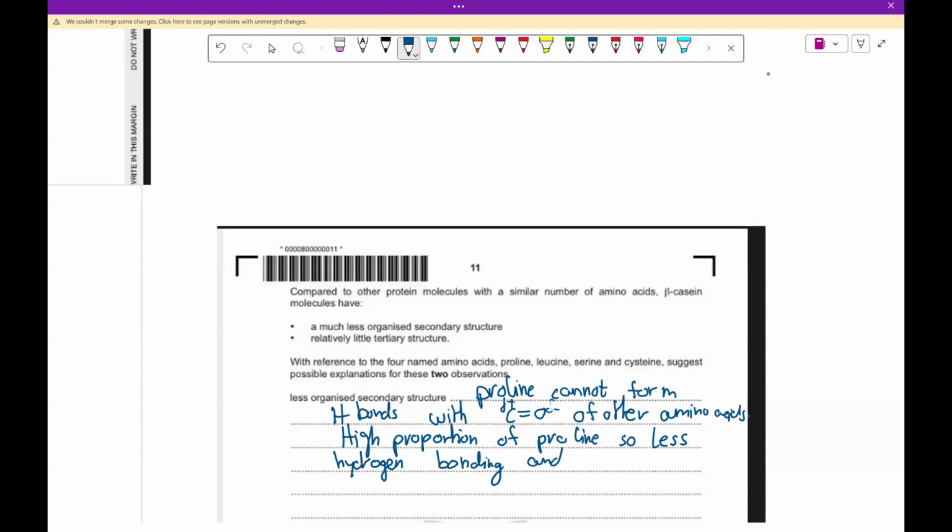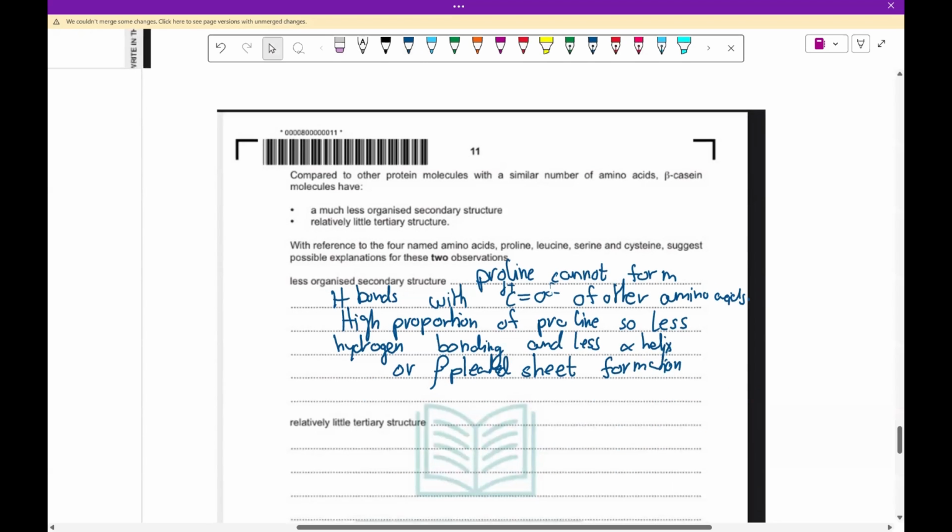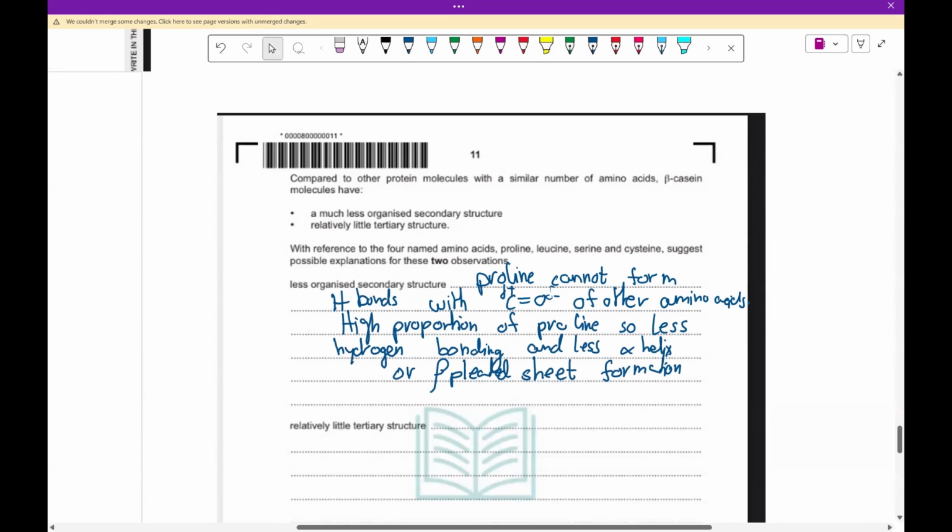Less bonding and less alpha helix or beta pleated sheet formation. It has a relatively little tertiary structure.